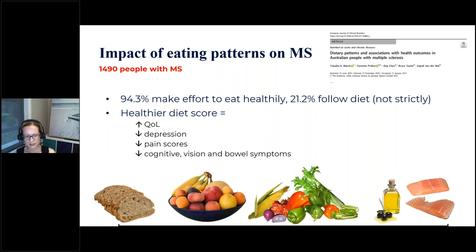The important finding really from this research was that a healthier pattern of eating, so eating better overall, which means basically consuming closer to the required amounts of the food groups that we are told to consume, was seeing positive effect on quality of life, which is always a good thing, less rates of depression, less pain, lower pain scores, so less pain as a symptom, and also a reduction in cognitive factors, in vision, and in bowel symptoms.